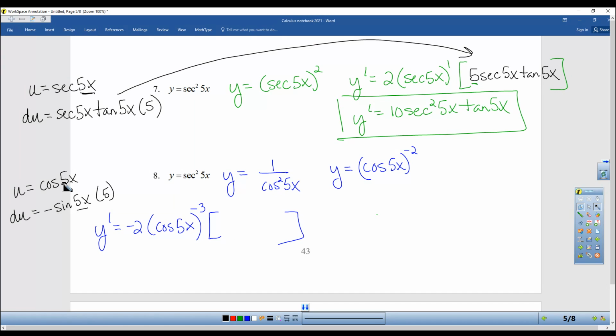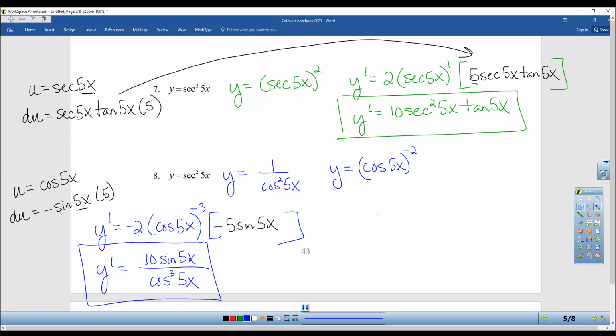They forget that there's another derivative of the inside. So this is negative 5 sine of 5x. So y prime is equal to 10 sine of 5x over cosine cubed 5x. Uh-oh. Do the answers match?